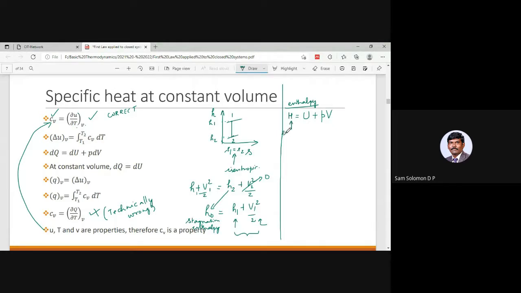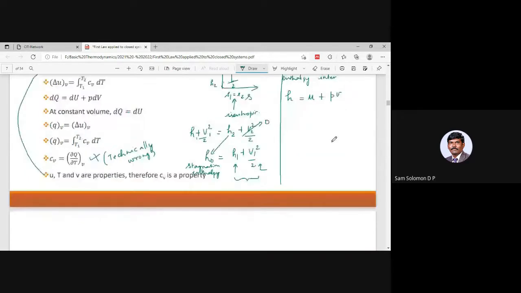Both of them together give you enthalpy. If you are using capital H, then it is capital U plus P times capital V. If it is small h, specific enthalpy, that will be small u plus P times small v. So that is your enthalpy.